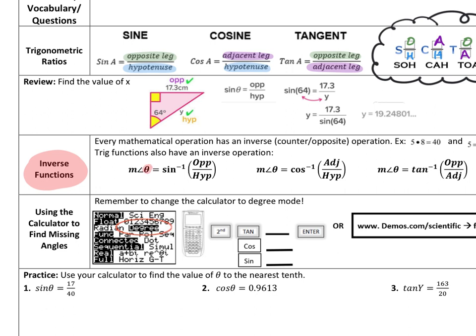If you notice, all 3 of these equations say the angle is equal to something. So now this class, we can figure out what the missing angles are if we're given 2 sides. Last time we used the angle to find the missing side, so now we're just working backwards. We're working in a different way.